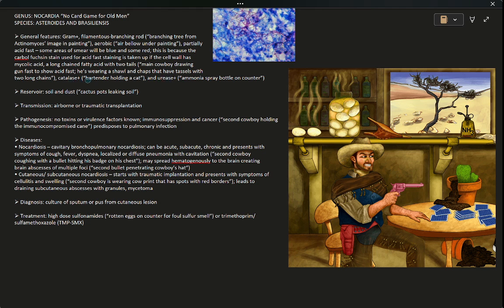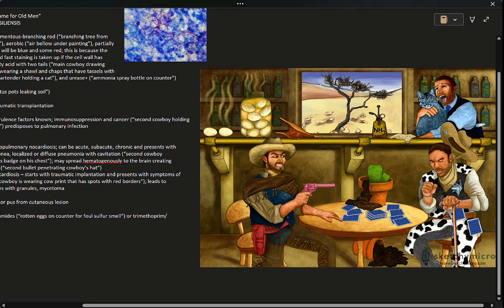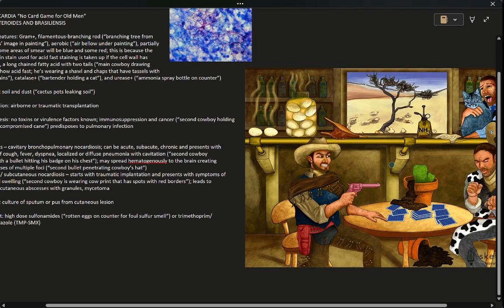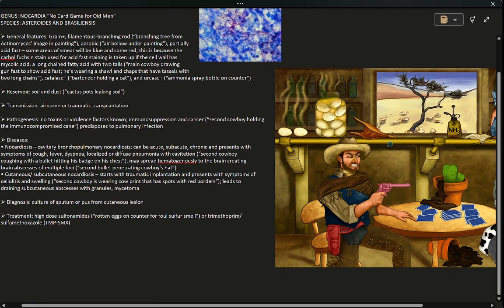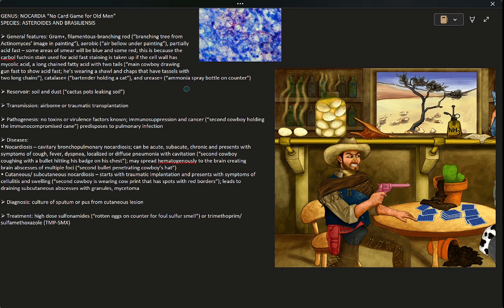To remember that this bacteria is catalase positive, think about the bartender holding a cat, as shown over here. And to remember that it is urease positive, just picture this ammonia spray bottle on the counter, because ammonia is one of the byproducts of the breakdown of urea through the urease enzyme.